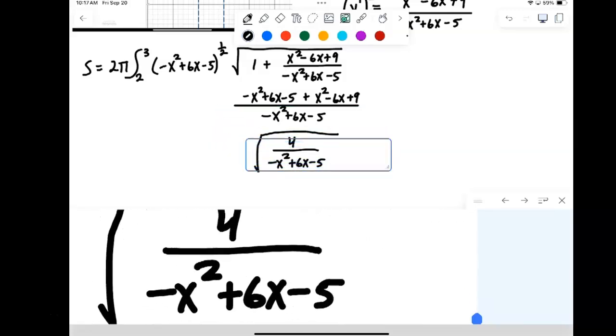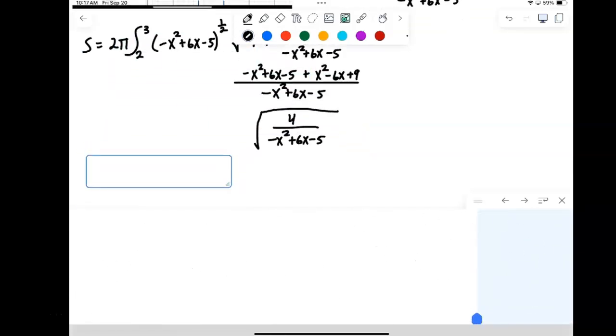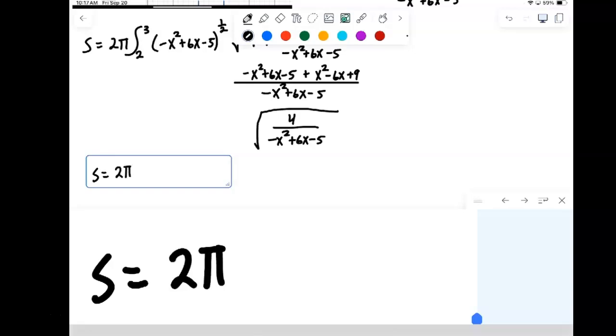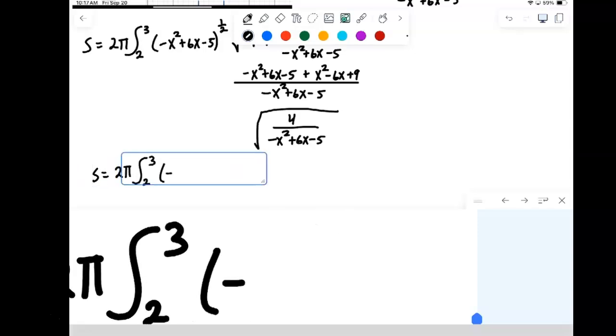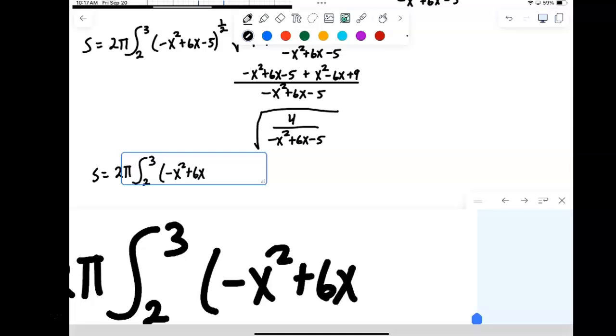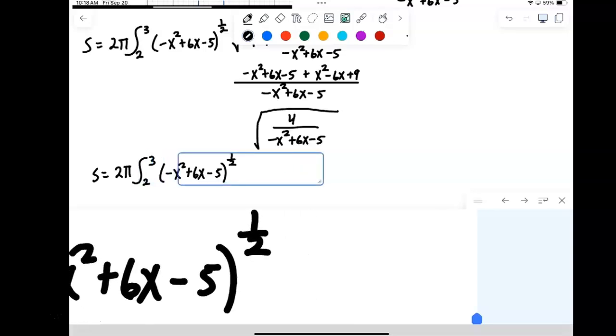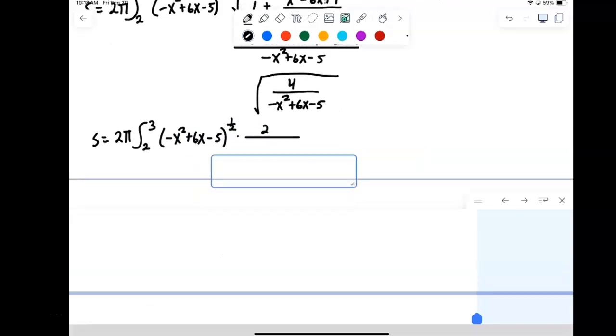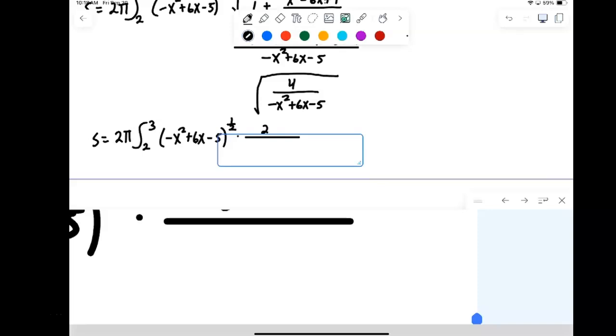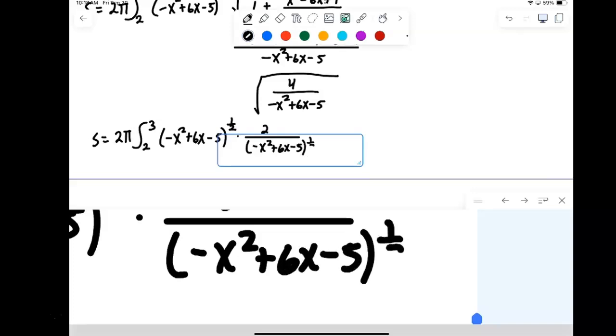Well, then we can apply the square root to both parts. And when I do, I'll get surface area equals 2 pi times the integral from 2 to 3 of negative x squared plus 6x minus 5 to the 1/2, times the square root of 4, which is 2, over the square root of the denominator, or in other words, the denominator raised to the 1/2.